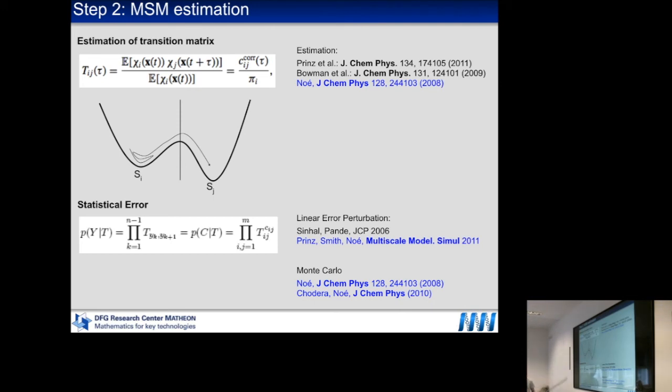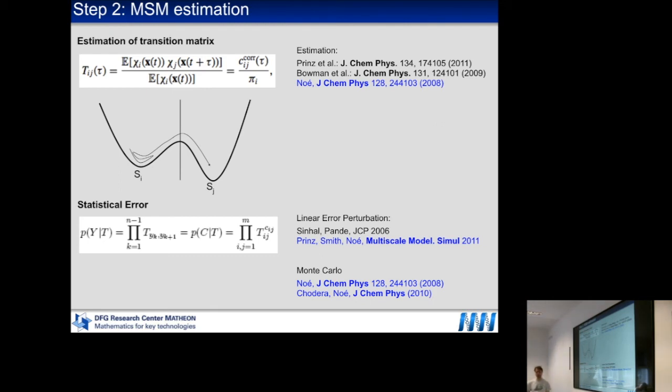Once we have applied clustering, we can estimate the transition probabilities between the clusters. You will hear more about that, but basically what we do here is we estimate the transition probability with maximum likelihood. So the most probable transition matrix given the number of times you have seen a transition between the different clusters.